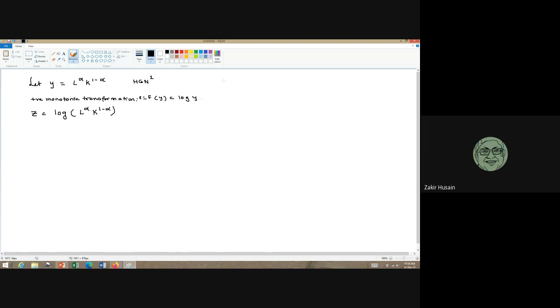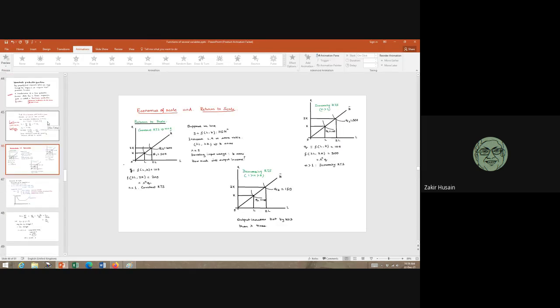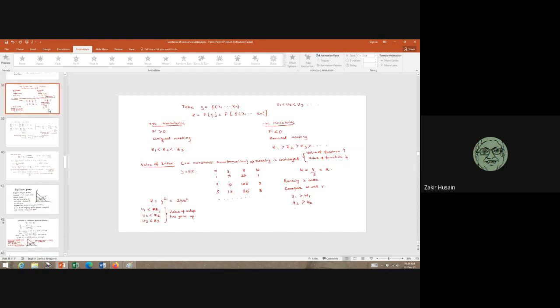See, note over here that F prime, what is F prime? It is 1 by Y, which is positive. So this is a case of what we had said to be this type of case.